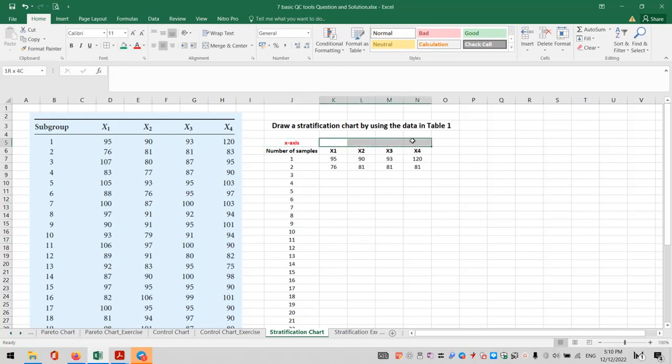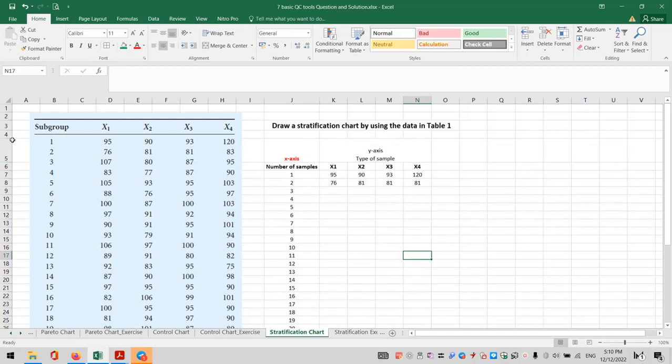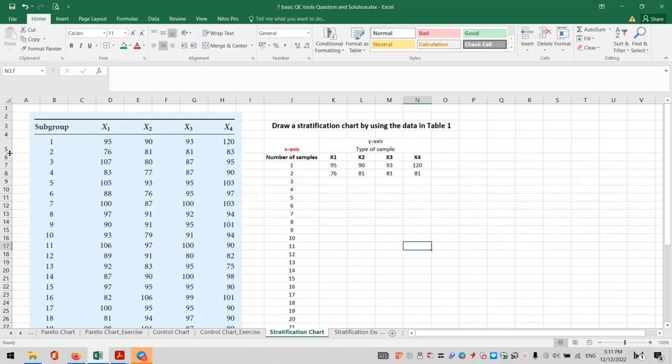Yang ni akan jadi Y-axis. Katalah kita bagi nama dia type of sample. Type dia adalah type X1, X2, X3, X4. Type dia.